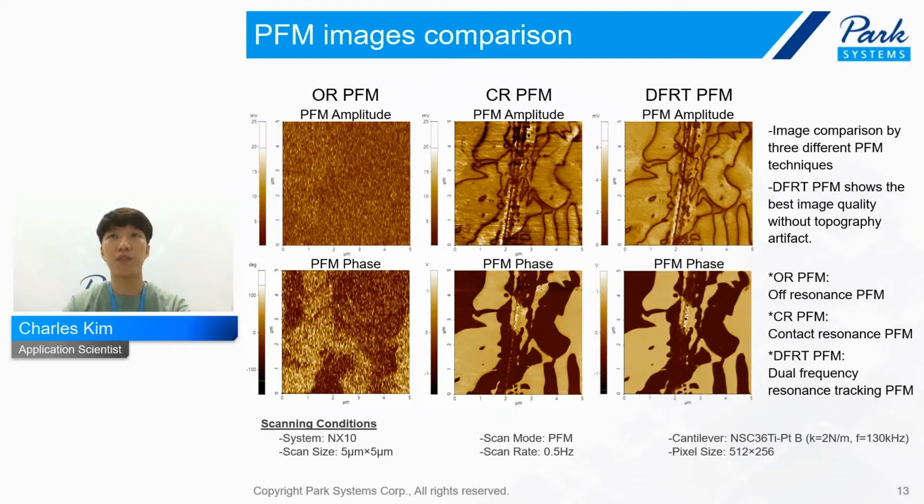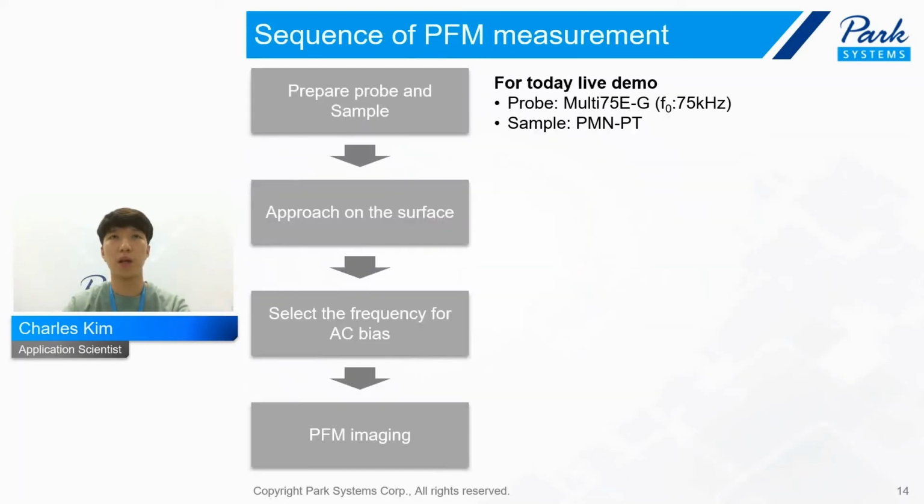But by using the DFRT-PFM, the DFRT amplitude is super clear and the phase as well. And there is no contrast or stripe artifact. So the DFRT gives the most accurate PFM signal compared to the contact resonance and off resonance.